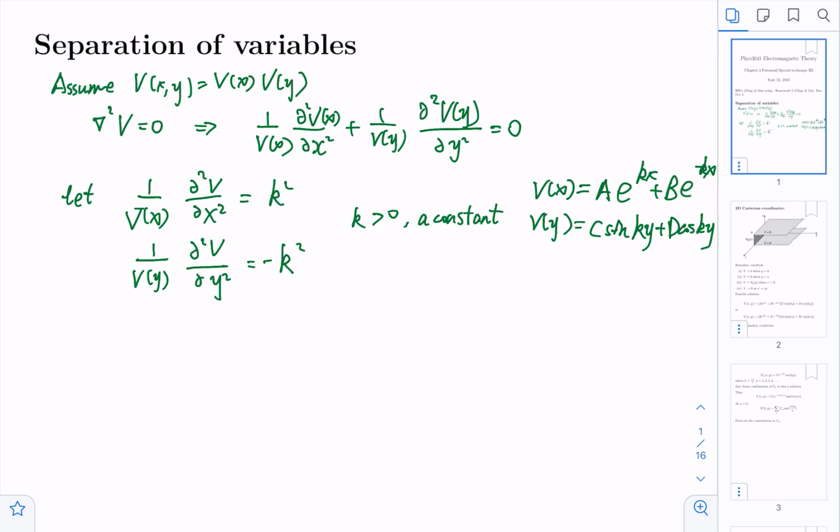Say we assign the first term as a positive constant, which we represent by k squared, and the second term as a negative constant, minus k squared. Then the Laplace equation is satisfied. Here, without loss of generality, k is a positive number, because what really matters is k squared.